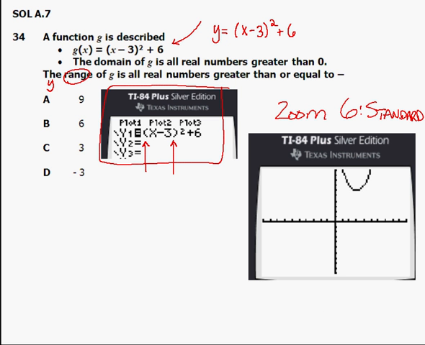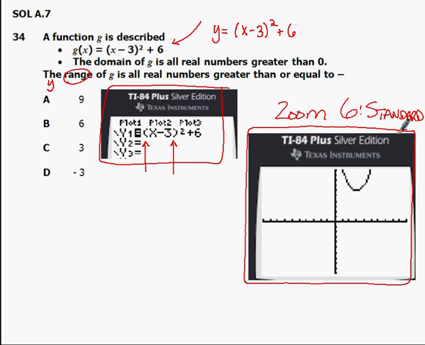Okay, after you have your equation in y equals y1, hit zoom 6, or you can hit graph, and you should now see a picture just like this one. So we can see most of our quadratic. Its branches are reaching way up into quadrant 1, and we have exactly enough of the information that we need.